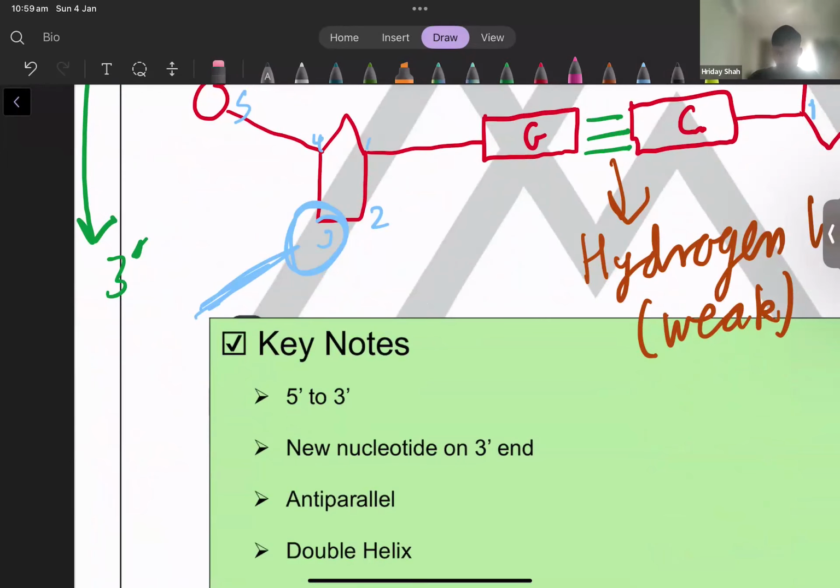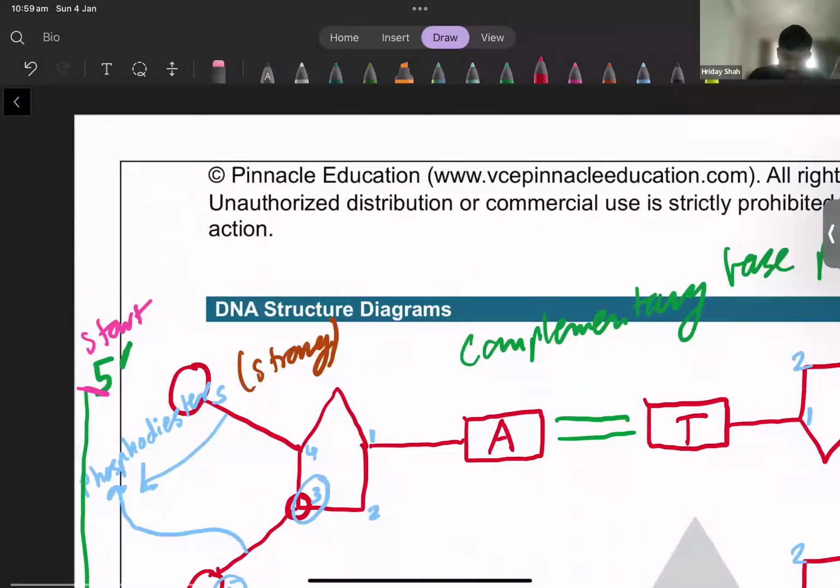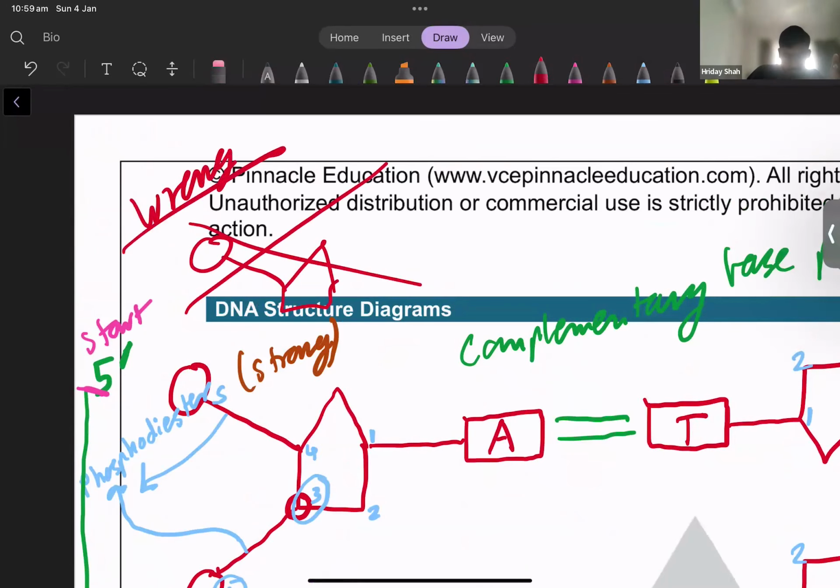Now, what this results in is that if you want to add a new nucleotide to the group, right, so I want to draw another nucleotide, I cannot draw a nucleotide here. That is wrong.